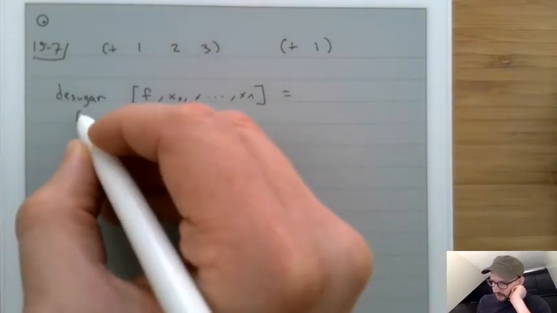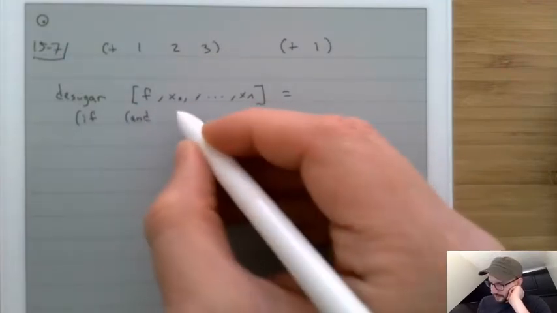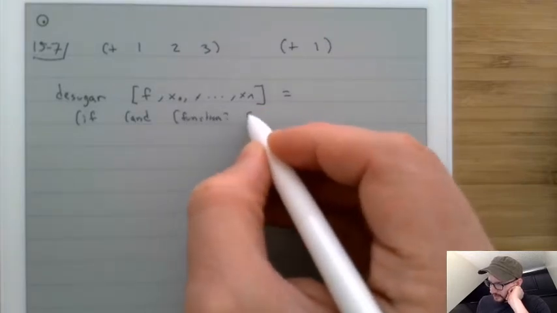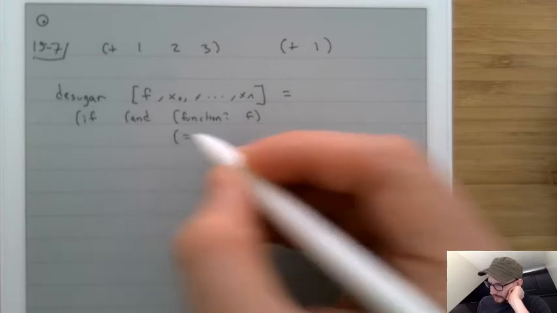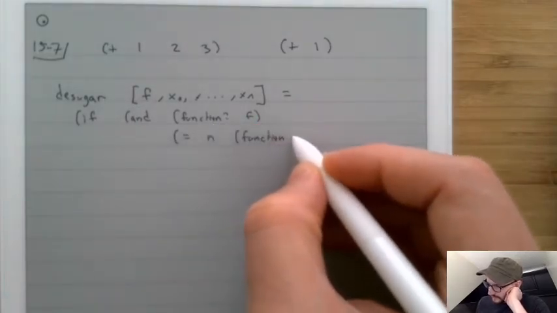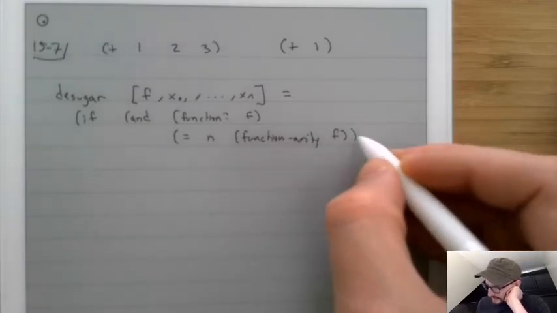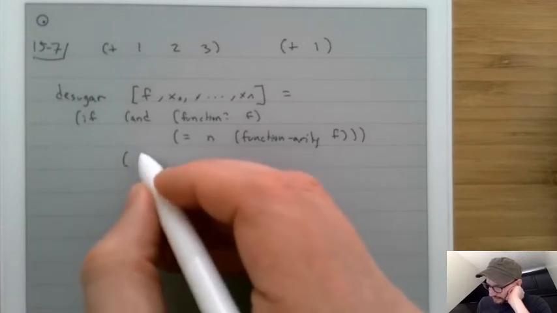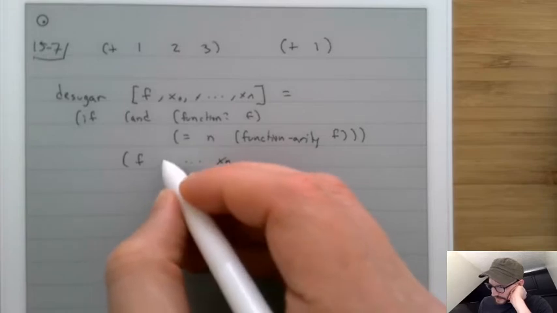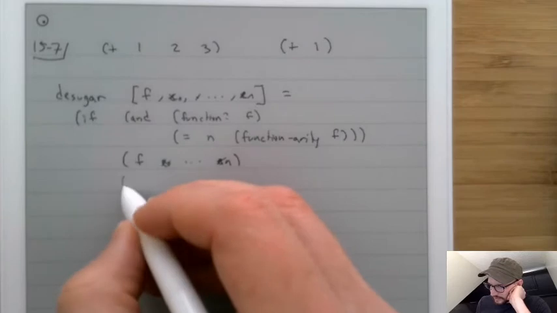We'll turn it into if and function? f and equal n function-arity f, then it will really call the function, f with E0 through En.